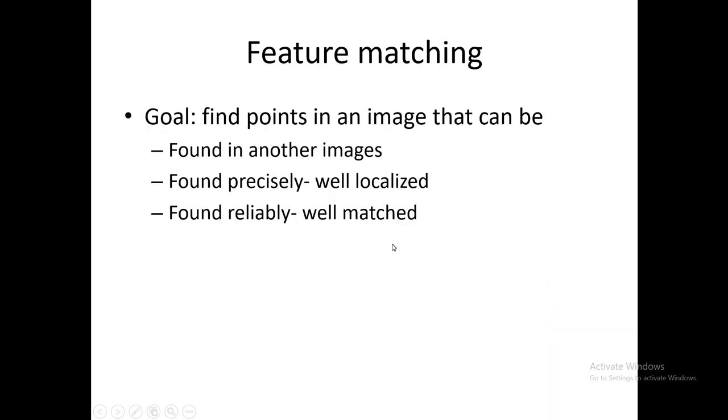And another requirement is that I should find it reliably. That means it is well matched, and I want to be really sure that it is exactly the specified one.